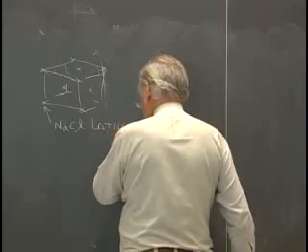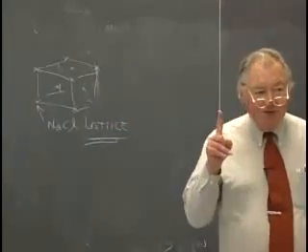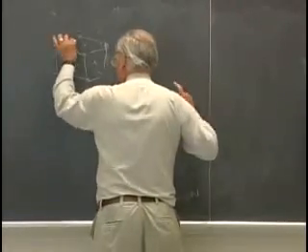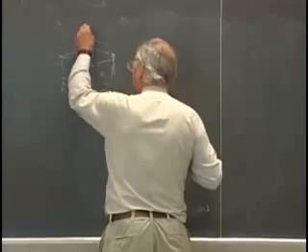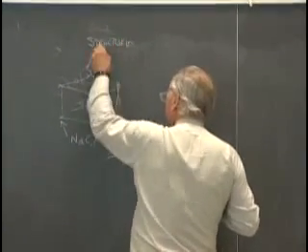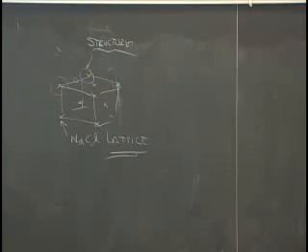If I choose to decorate that lattice with one sodium and one chlorine, then I have atoms sitting at these lattice points, and that is the sodium chloride structure. That is the proper term for the atomic configuration. Okay, so lattice is a geometrical term, and it's an abstraction. Structure is the actual atomic arrangement.